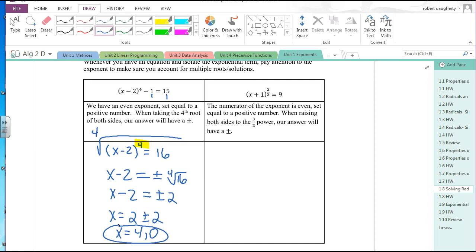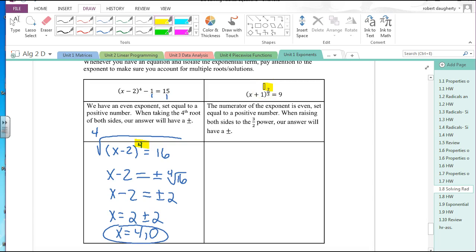Okay. So keep in mind, when you square both sides of an equation, you could introduce roots, or cubing or fourthing both sides of an equation. But when you have a solution that has an even root, then you need to know there are two solutions to that. Now, what you haven't seen before, and it still works with fractional exponents, is what you see here.